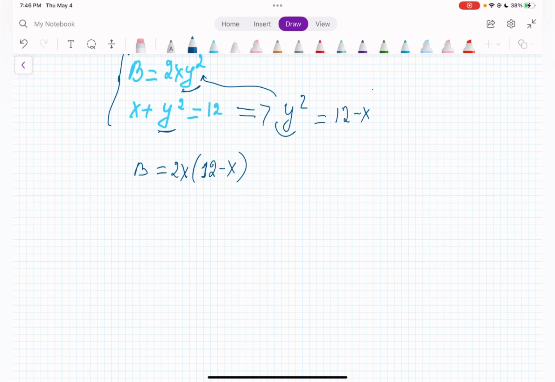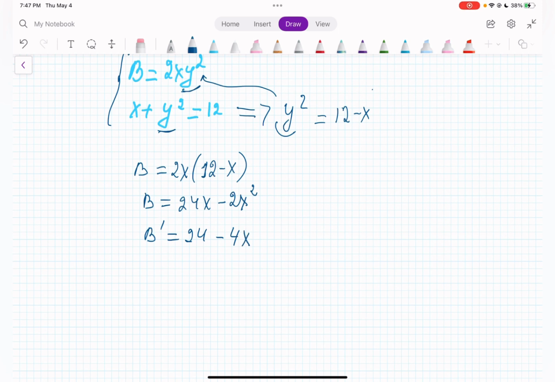And then we can find if the point is maximum or minimum. But it's easier to take the derivative when we have one variable. Therefore, we are converting into an equation with one variable, then we take the derivative. So b is equal to 24x minus 2x squared, and b prime is equal to 24 minus 4x.